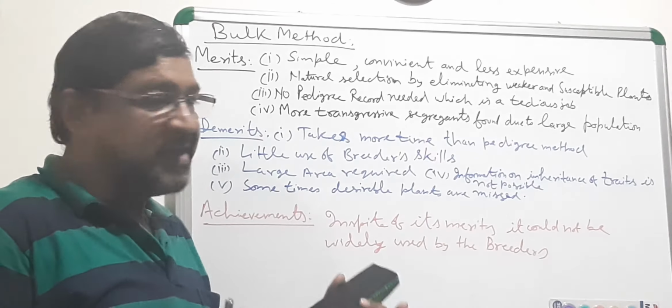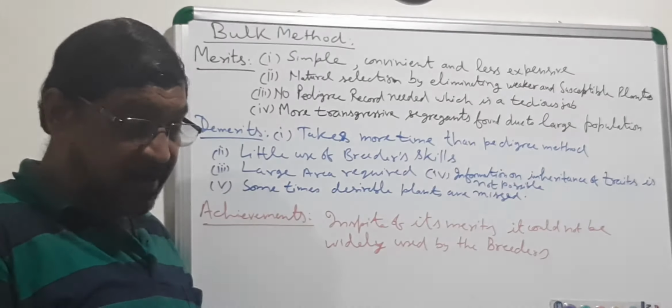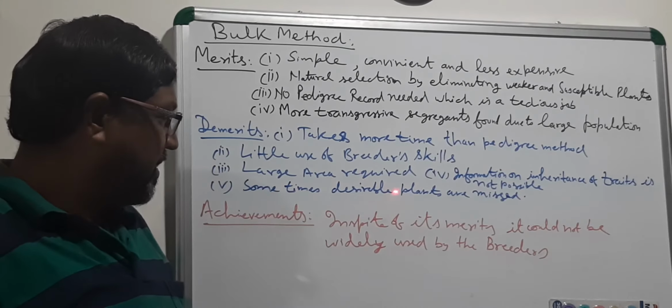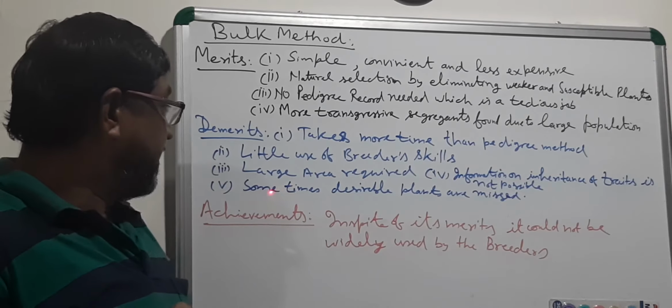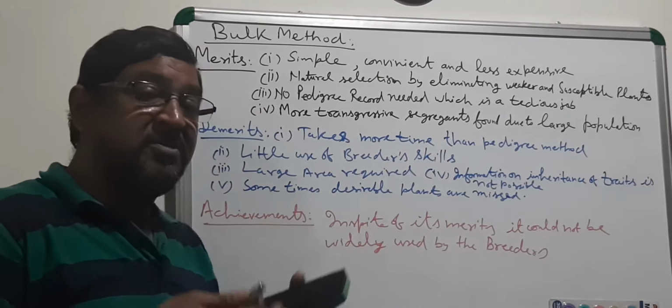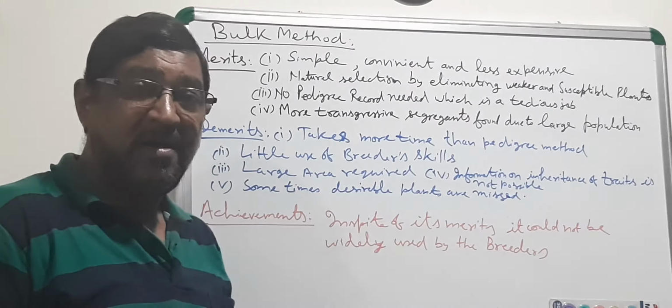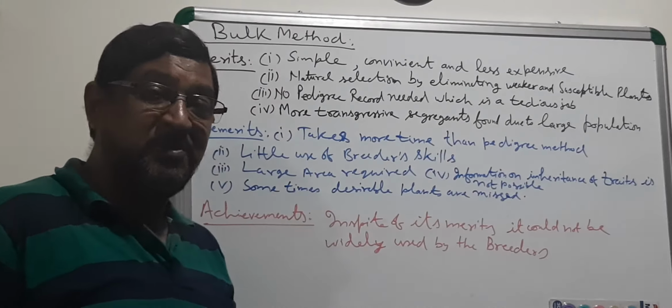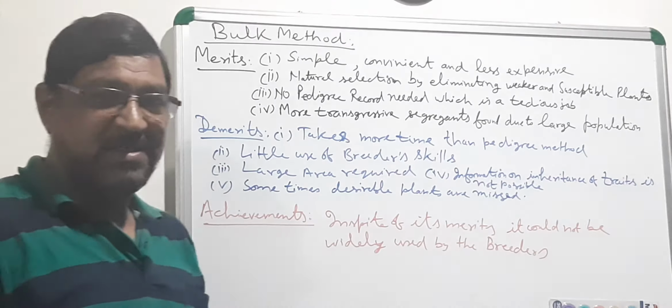But seeing the demerits, these two are the greater demerits, because the plant which you require, if it is missed because of the sampling error or because of natural selection against the plant which you require, you can miss that.